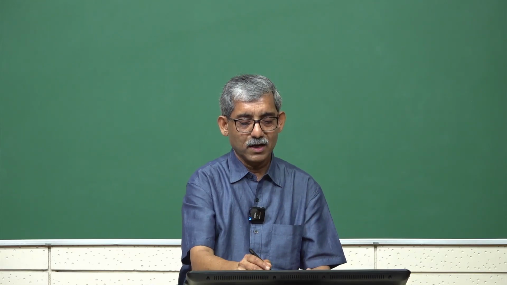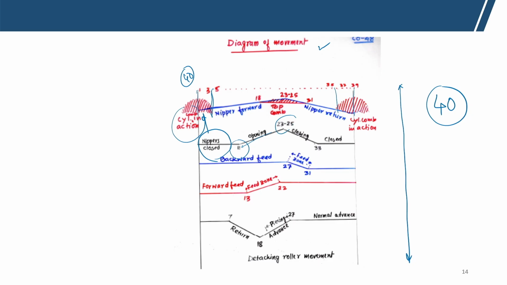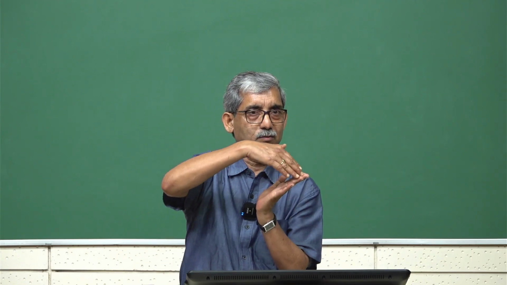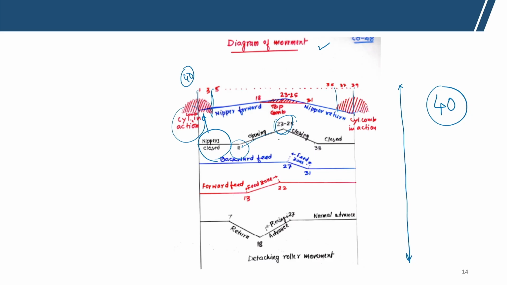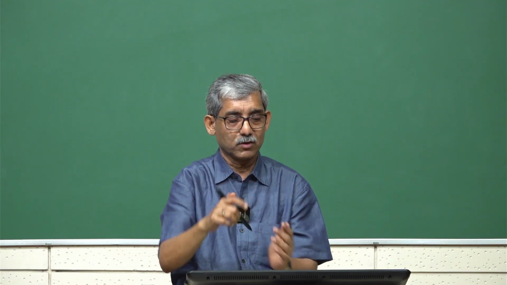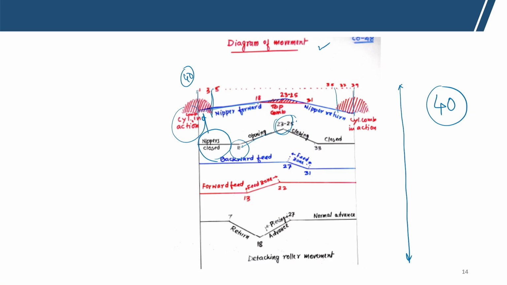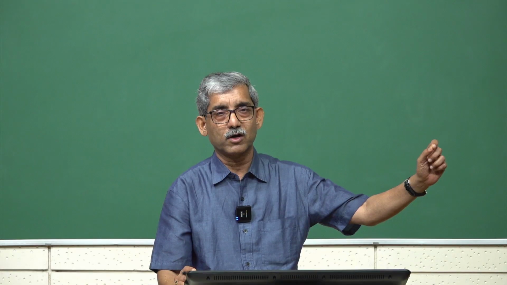So, it opens and remains open, and the maximum opening is between 23 to 25 point. So, it opens, maximum opening is there, and after that it starts going backward and it closes. Here it is showing nipper forward, and between 23 to 25 it is at the forwardmost point.